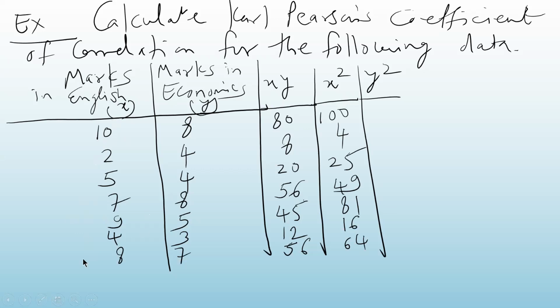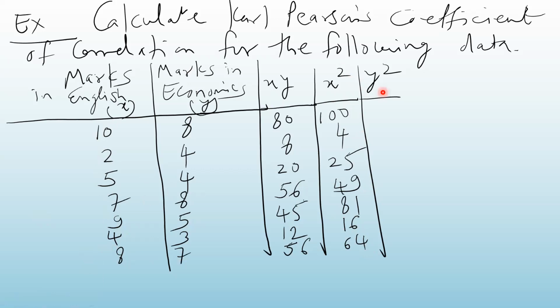These are the X values, correct? And finally, the last one, 8 square, that is 64.